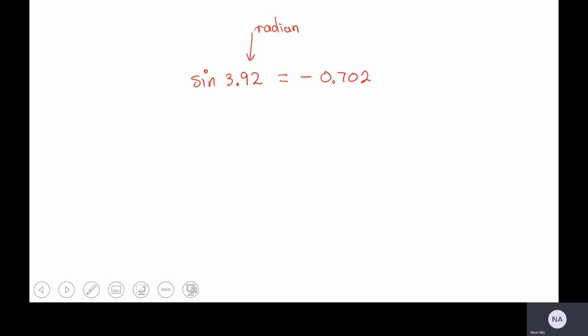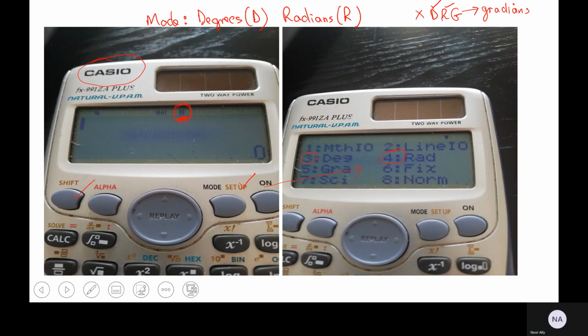Guys, I cannot overemphasize this particular lecture. If you simply ignore what we have done right now and you do not follow the point that I've made, have a look at this example.